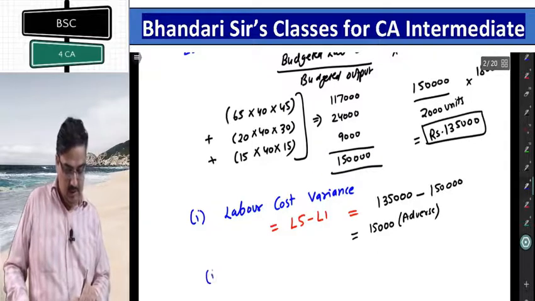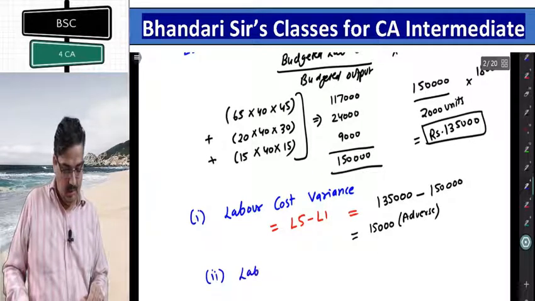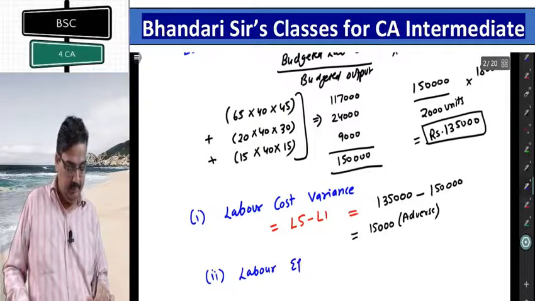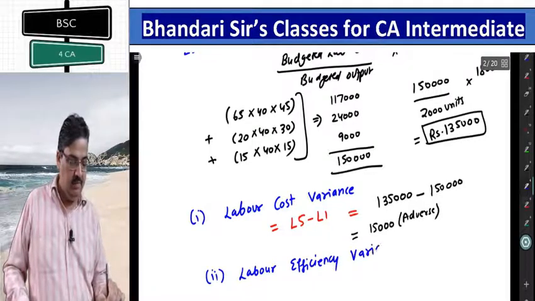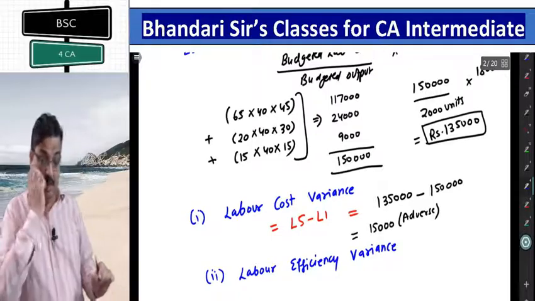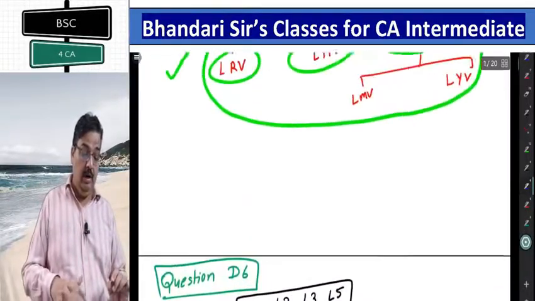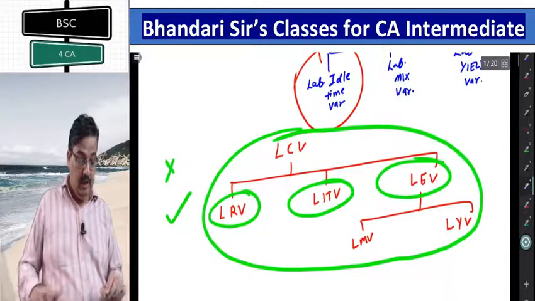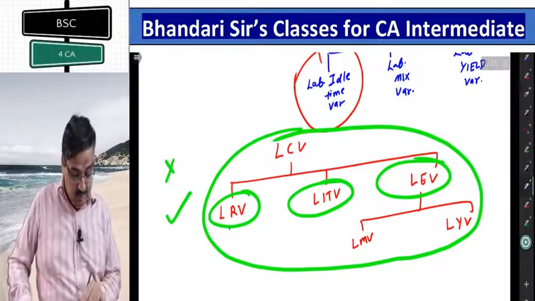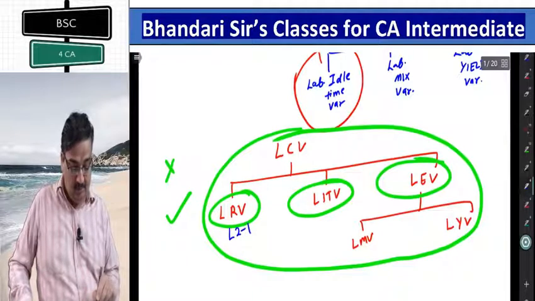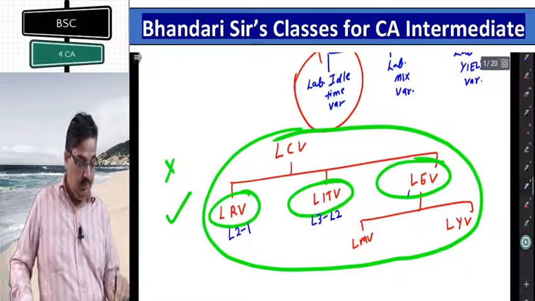Second part, he wants labor efficiency variance. Now you have to look at my new table. In the new table, this is L2 minus L1, L3 minus L2, and this is L5 minus L3.